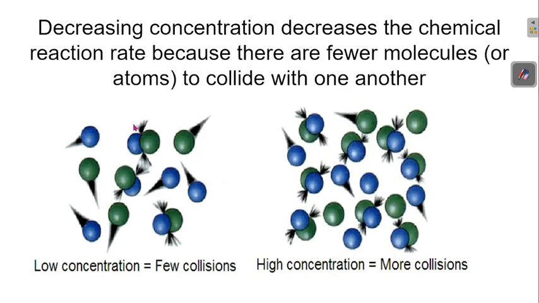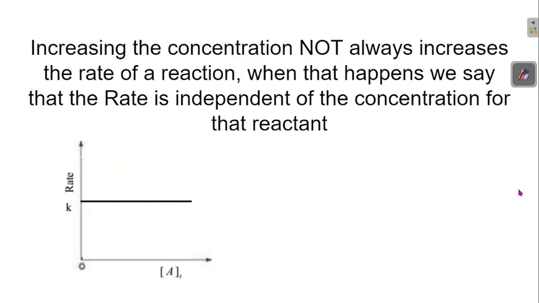So here you go. Lower concentration, higher concentration. Now, increasing the concentration does not always increase the rate of a reaction. When that happens, we say that the rate is independent of the concentration for that reactant.